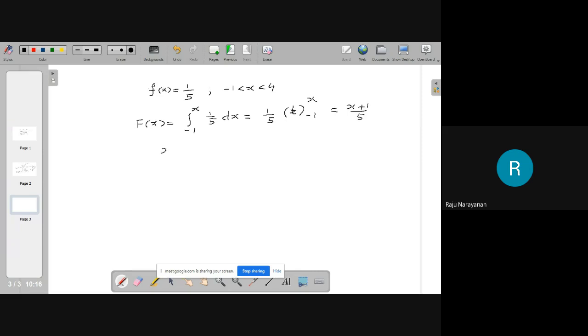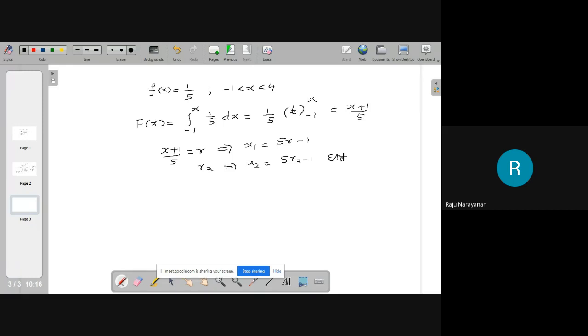Then you solve. (x plus 1) by 5 is equal to r. This implies x1 is equal to 5r minus 1. Another random number, you take r2, then x2 will be 5r2 minus 1 and so on.